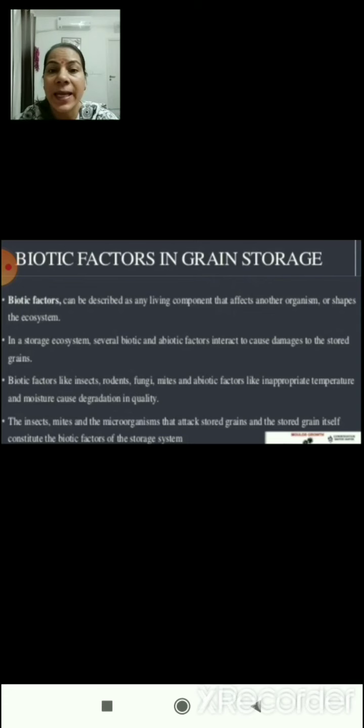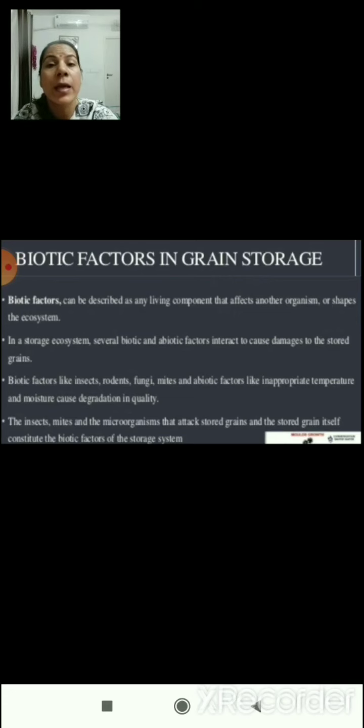Biotic factors can be described as any living component that affects another organism or shapes the ecosystem. In a storage ecosystem, several biotic and abiotic factors interact to cause damage to the stored grains. Biotic factors are many.